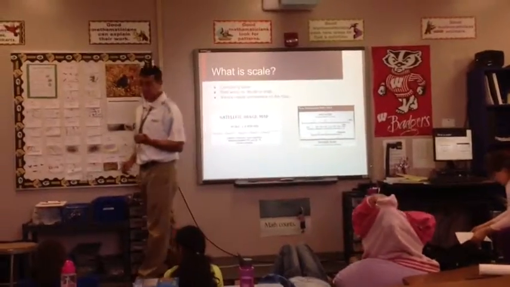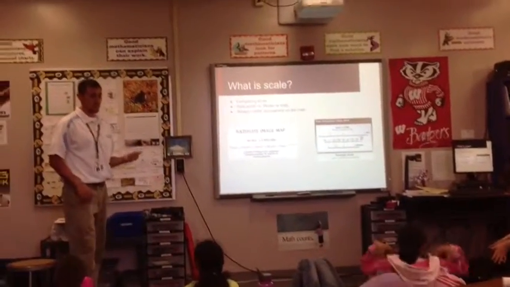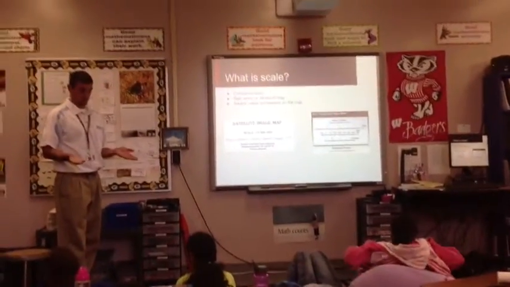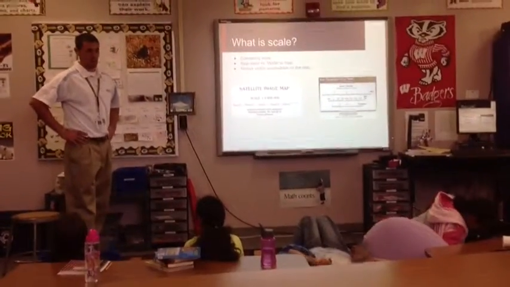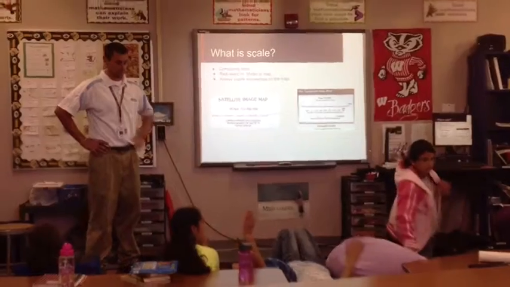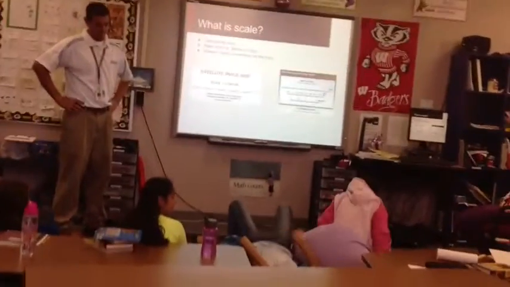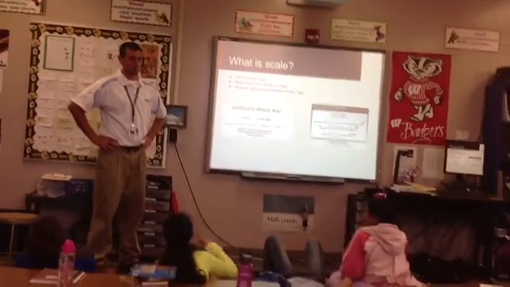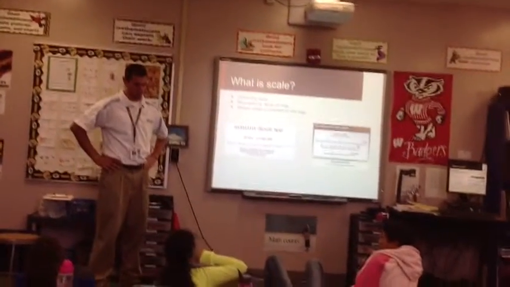Do you remember what I said the contour lines represent? What do the lines on a contour map represent? Or if you don't remember the word, give me a synopsis.